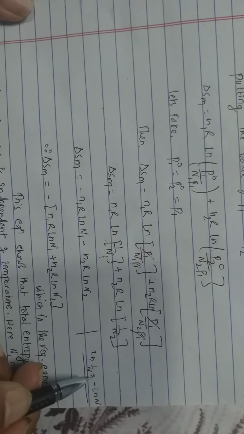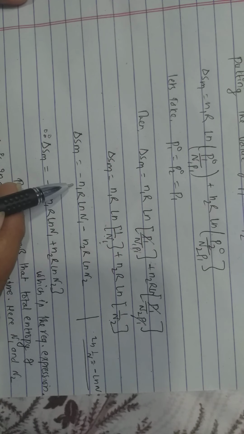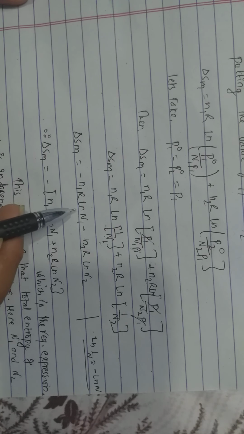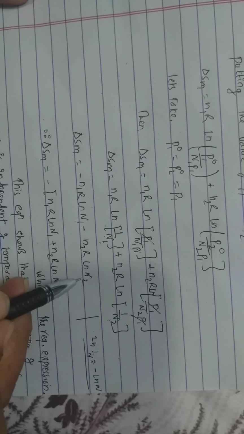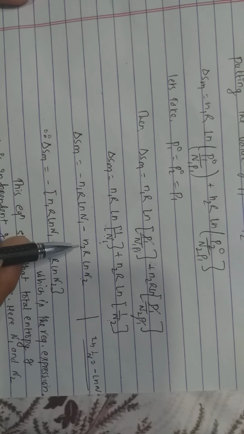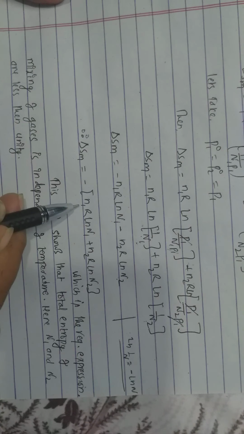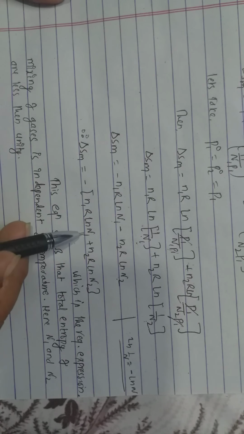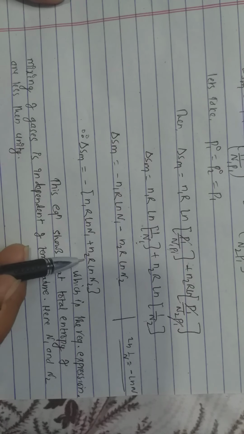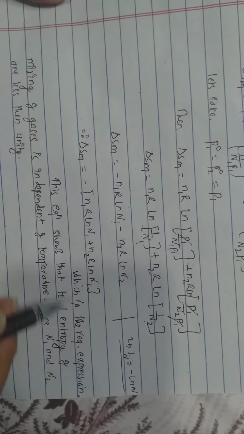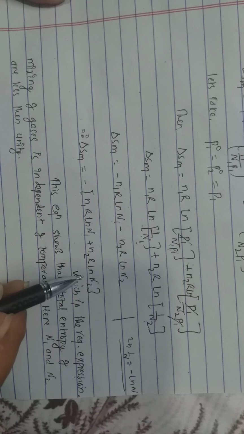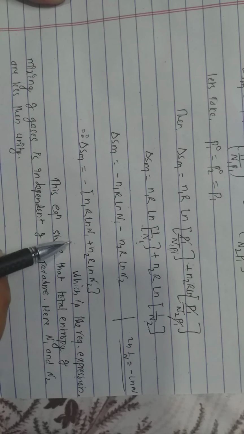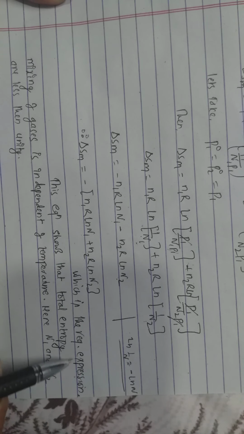So del Sm is equal to minus n1 R ln N1 minus n2 R ln N2, and taking minus common, the remaining term is n1 R ln N1 plus n2 R ln N2. This is the required expression for the change in entropy when there is mixing of gases.